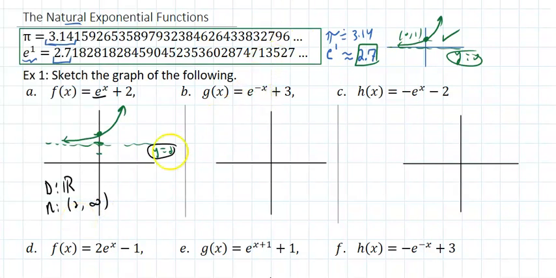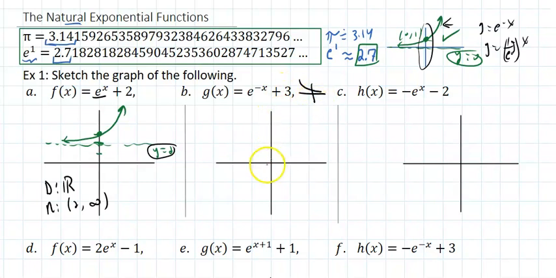What if I multiply the x by a negative? Multiplying the x by a negative reflects this graph with respect to the y-axis, because if you say y equals e to the negative x, that's really y equals 1 over e to the x. 1 divided by 2.7 is less than 1, so this is exponential decay. This graph looks like this.